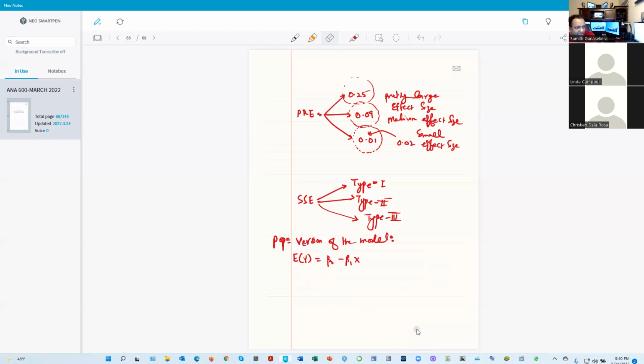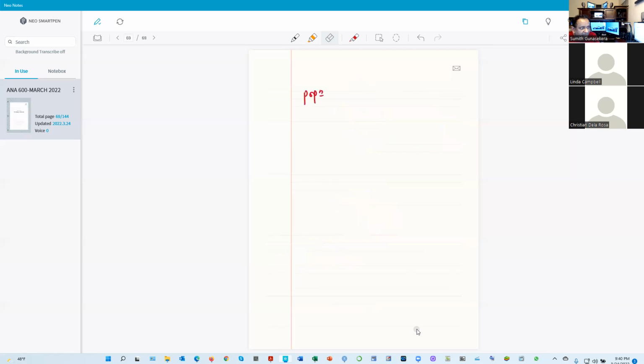This is how you have to write it. This is the population version of the model. This is nothing but the expected value of y.